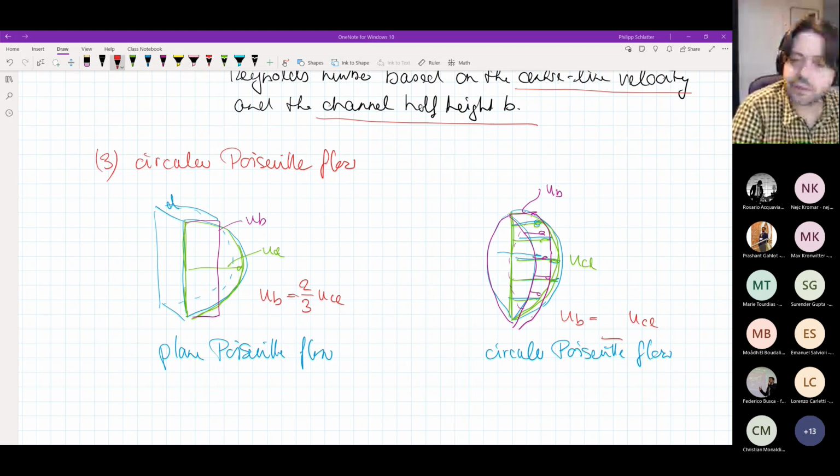In channels it's 1.5. What is it for pipes? And of course you can do an integral and do it properly, but I just asked you to think how this should be. And let's think together very briefly.